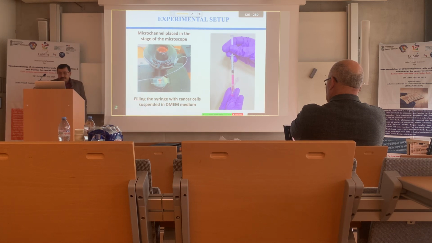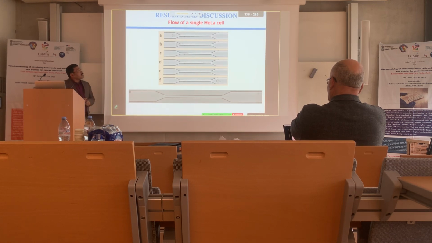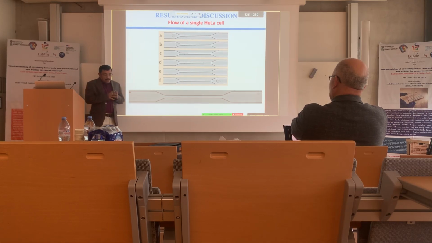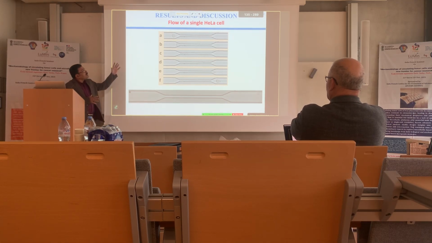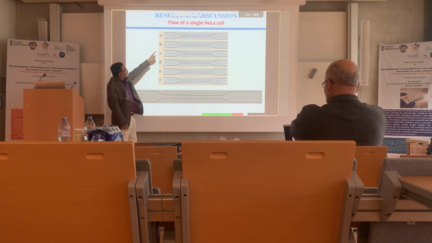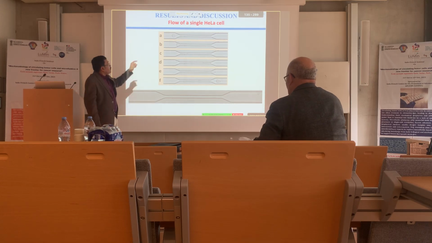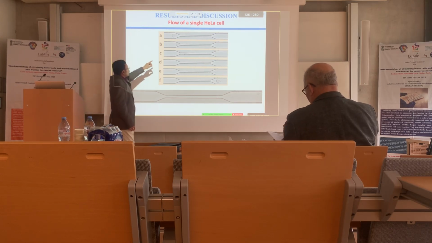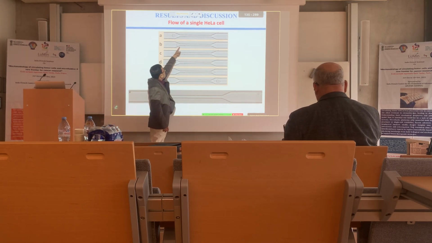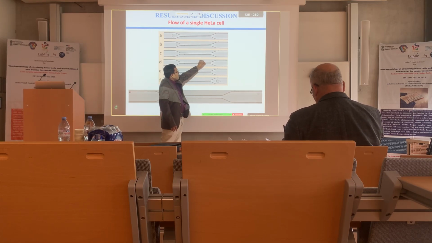With this, you can see that we have done several experiments, and when we see the flow of a single HeLa cell, it is very interesting. You can see that the diameter of the single cell is higher than the diameter of the constricted passage. Once it comes near the entry, it squeezes and goes inside, and it goes out.